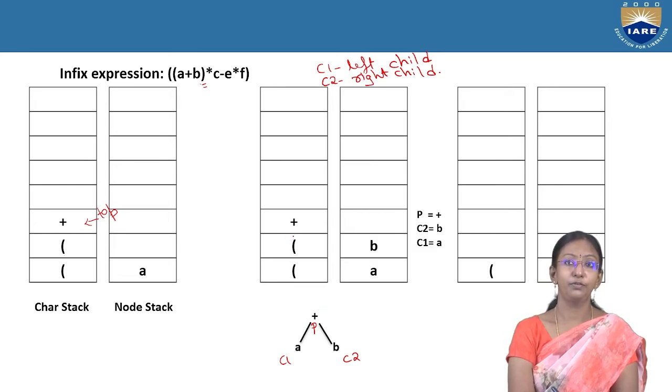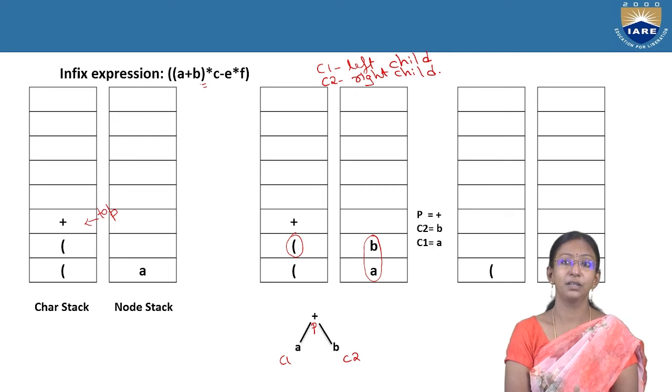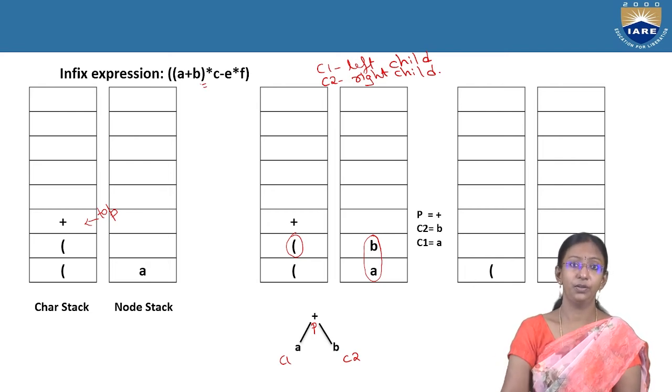The job of the opening bracket, B and C, is done. I have popped them out, right? So this is the current status where the character stack is filled with a single character, which is the opening bracket, and the node stack is filled with a single node, which is addition, right?